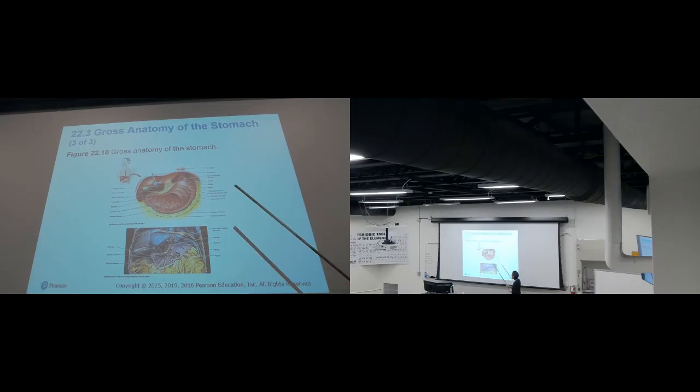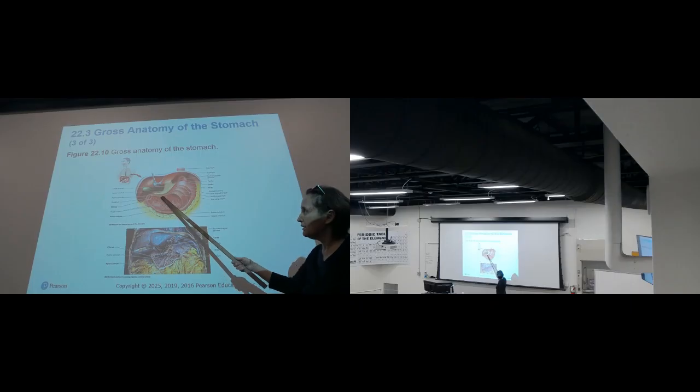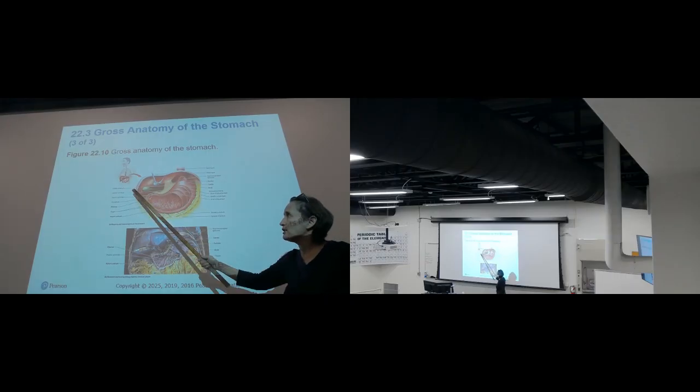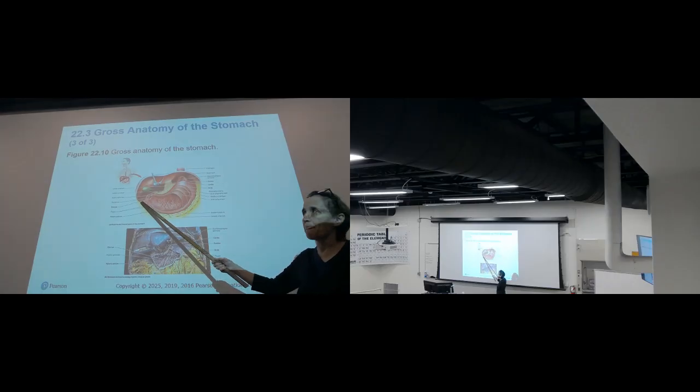And after the food that we have ingested is combined with all the secretions, which are going to be acids, some enzymes, mucus, then that food will be made into a paste that we call chyme. And then here we have the pyloric canal, and here is the pyloric antrum, and we have a sphincter here at the end, in this part, that is called the pyloric sphincter.